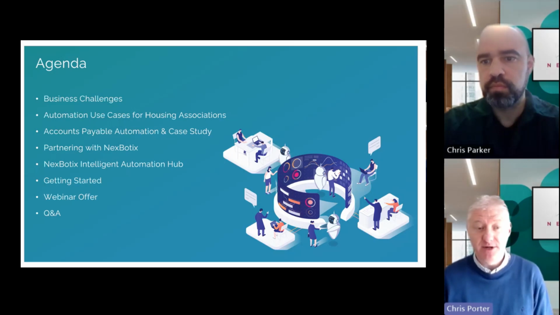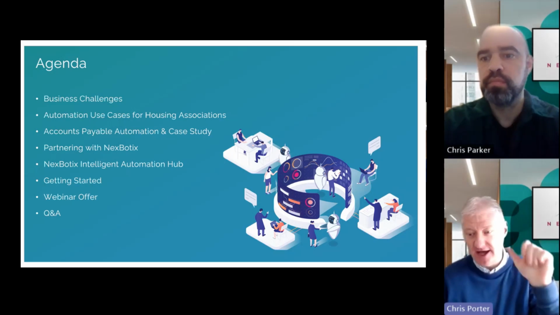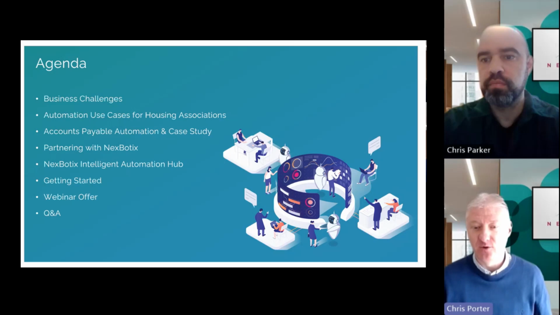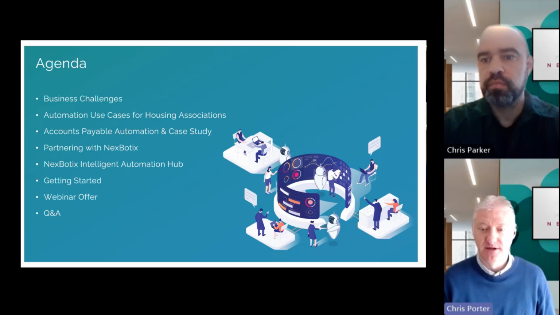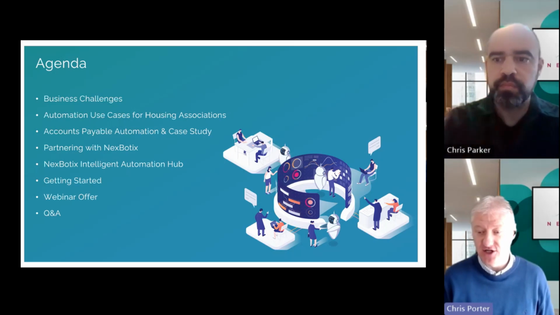If you have any questions, please do drop your Q&A in the chat. There's a Q&A box at the top. Just click on that, pop a question in there, and we'll get to those at the end of the session. But first of all, I'll hand you off to Chris to kick off the first session.